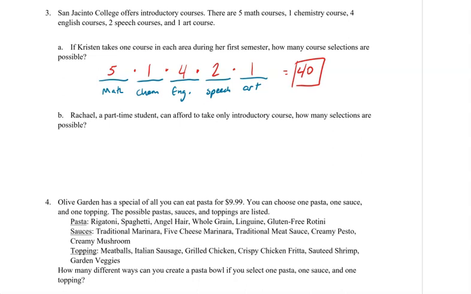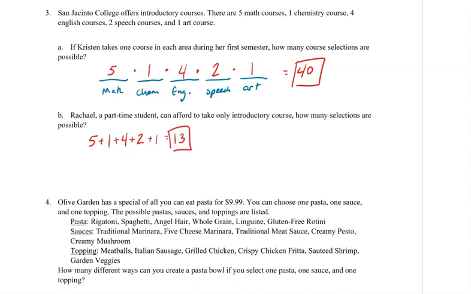All right, well, in this case, if she can only take 1, how many courses are there total? Well, there's 5 math courses, plus 1 chemistry course, plus 4 English courses, plus 2 speech courses, and 1 art course, giving us a total of 13.